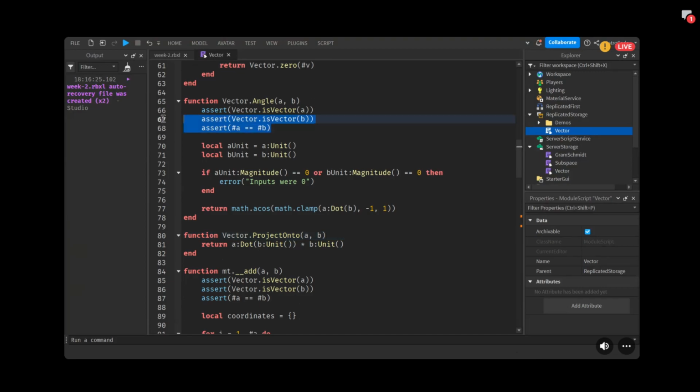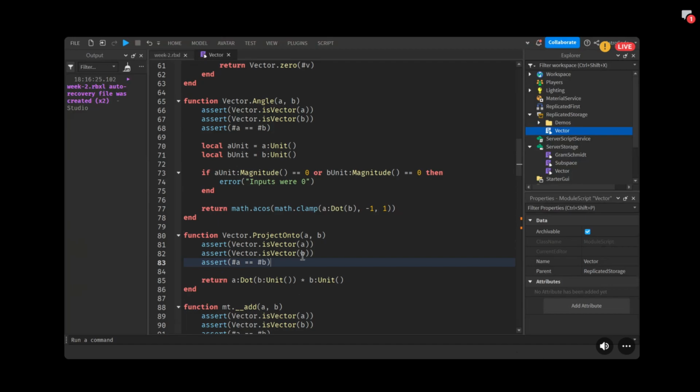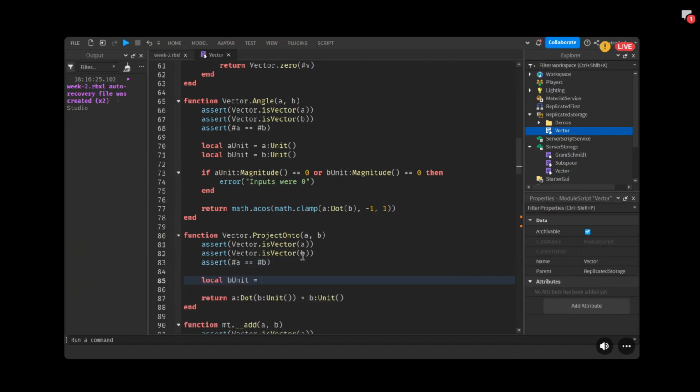And I guess we should also copy over our type checking. If we really care about performance, maybe we'll also put this into a variable. All right, now we have our projection function.